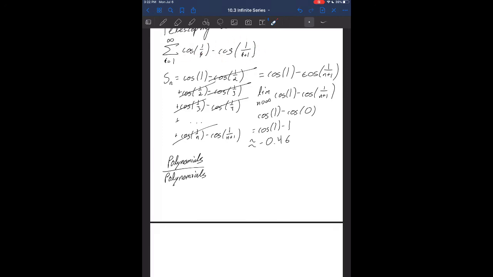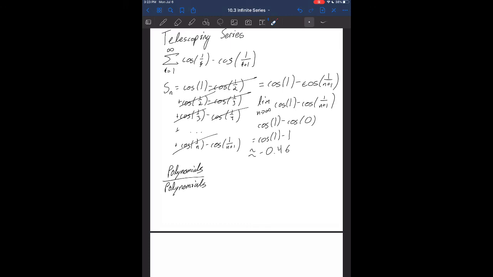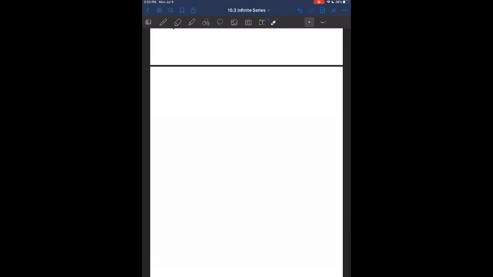And the reason we do this is we would like to get it in this form of something minus something else, and these are going to cancel. And partial fraction decomposition is going to give us a form that we are able to deal with. So in general, if you see either subtraction in your sum or you see some rational function, a thought that should cross your mind, and it won't always work, but one that should cross your mind is telescoping series. So let's deal now with an example where we do have these rational functions.